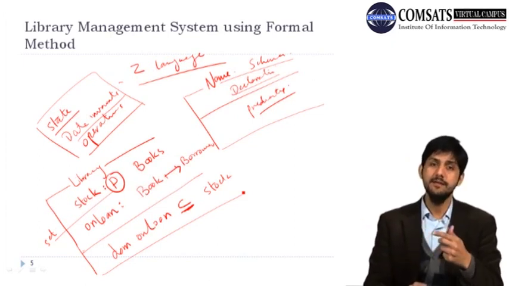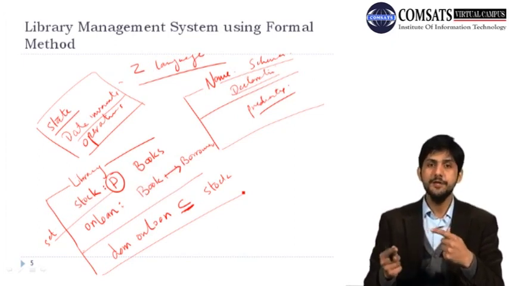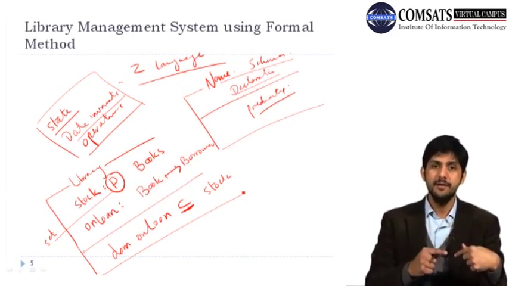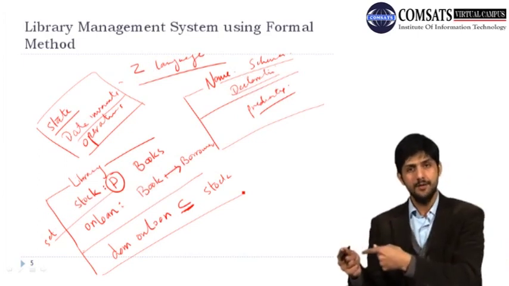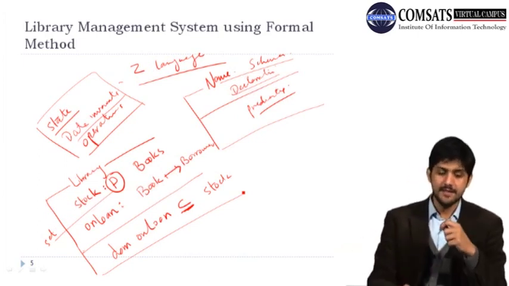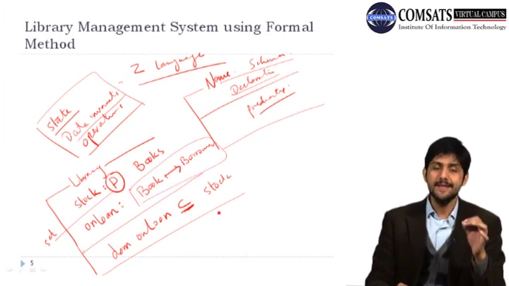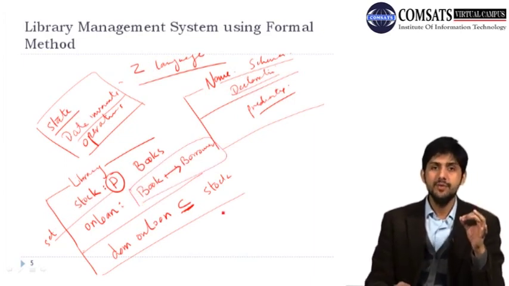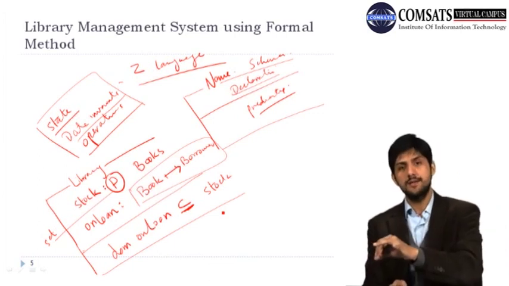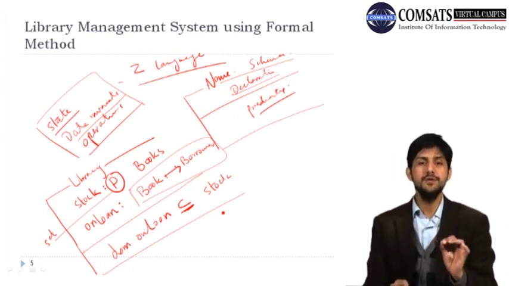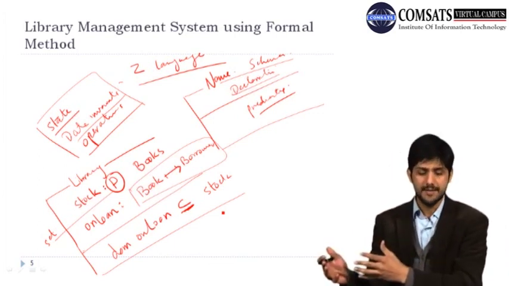But then we have another set which models a relationship between a book that is issued and to whom it is issued. And this actually models a very interesting condition as well. It says that whenever a book is issued, there has to be a borrower against it. So it cannot happen that a book is issued and you do not have a borrower against it.